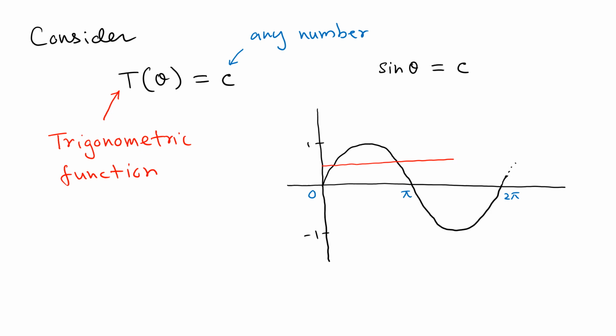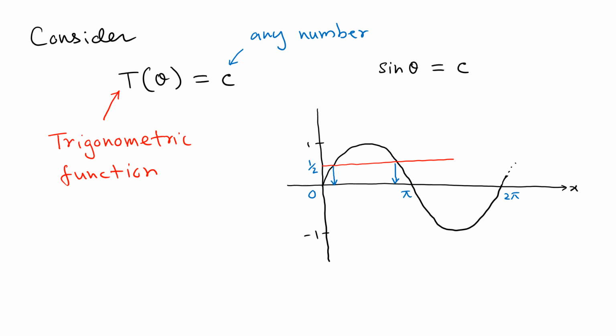We can map that value back to the x variable. When you do that, you can see there's one value here, and there's also another value there. So for this special value 1/2, there are two values.